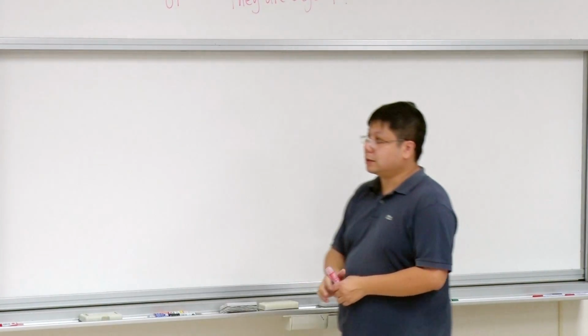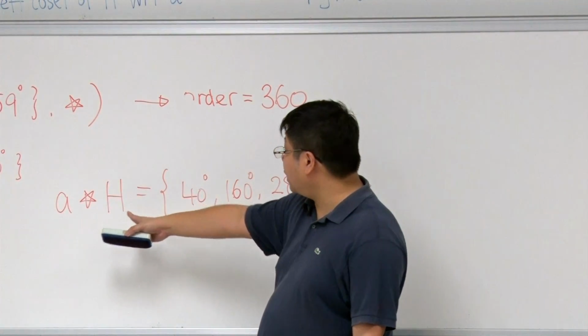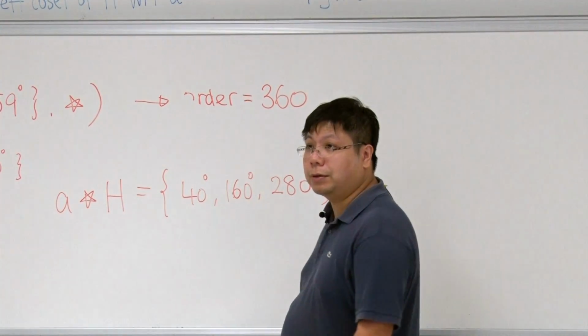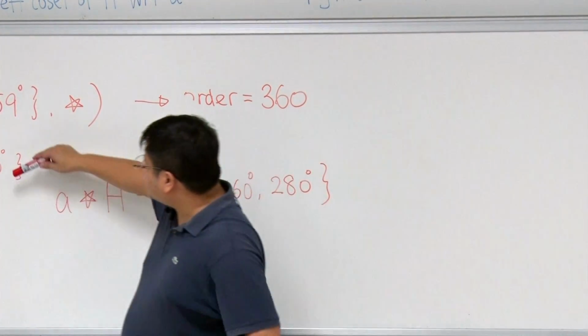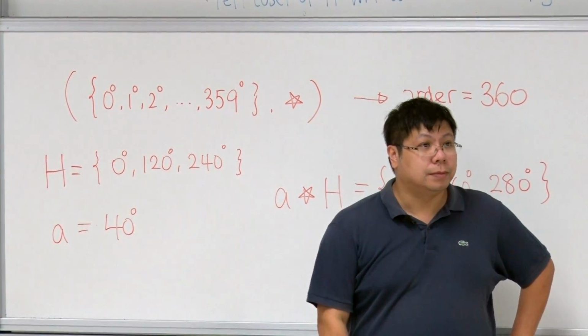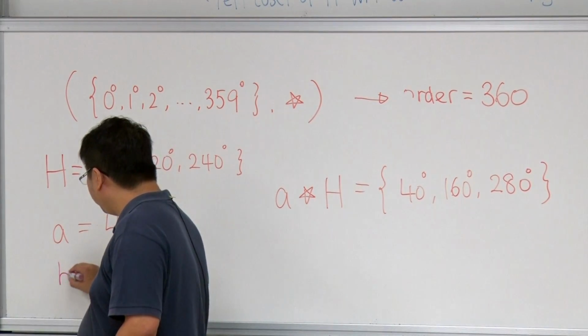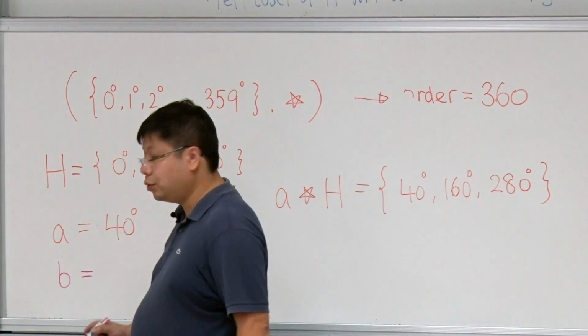We have actually an example here. So for instance, we have a coset A star H when A is equal to 40, 160, 280, right? And it happens that H star is also a subgroup. Now let's take a look at another B. Let's try B equal to 50.